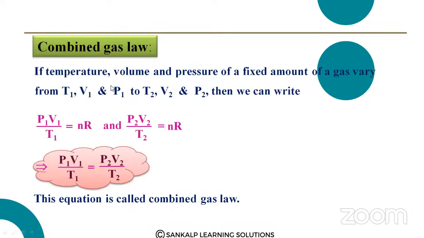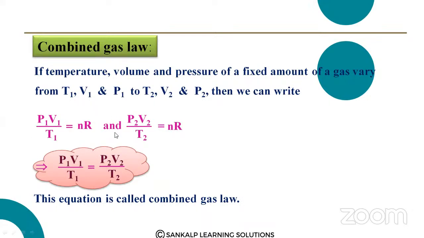Now, what is the combined gas law? If the temperature, volume, and pressure of a fixed amount of gas vary from T1, V1, and P1 to T2, V2, and P2, then we write P1V1/T1 = nR and P2V2/T2 = nR.